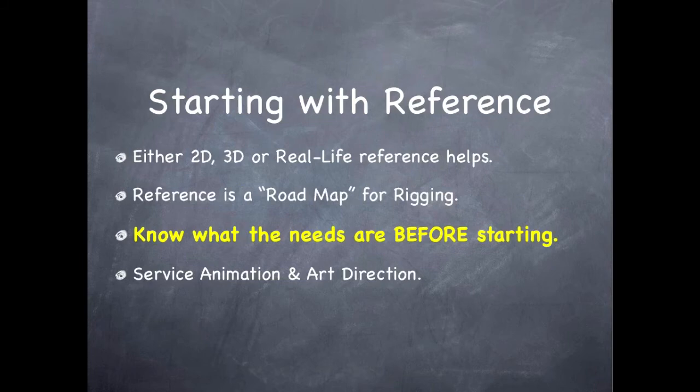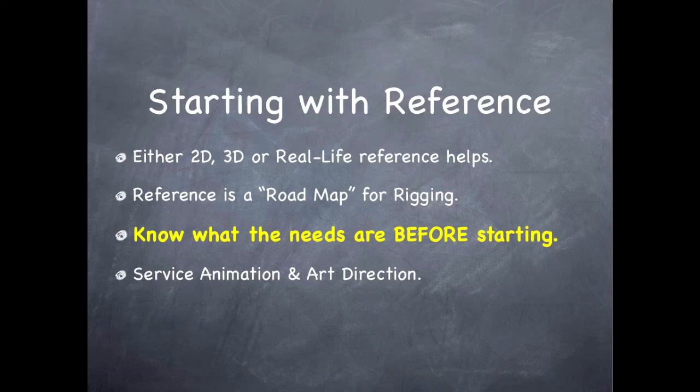Next, you'll know what you need before you start. Rather than in the previous example, just sitting down, starting your rigging, and then you present your final rig to an animator, and they need more controls that you've put in there, or they want them to behave a little differently.